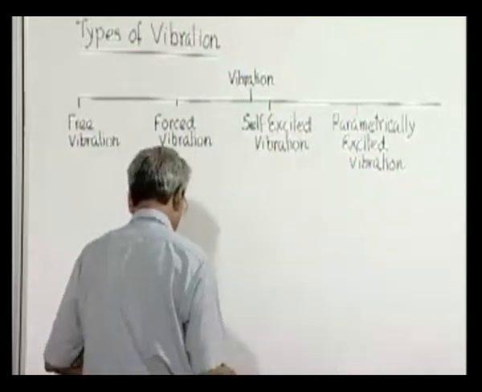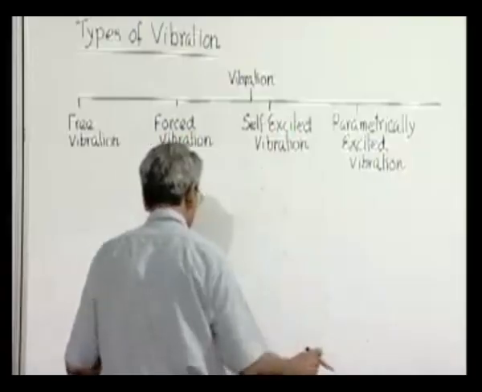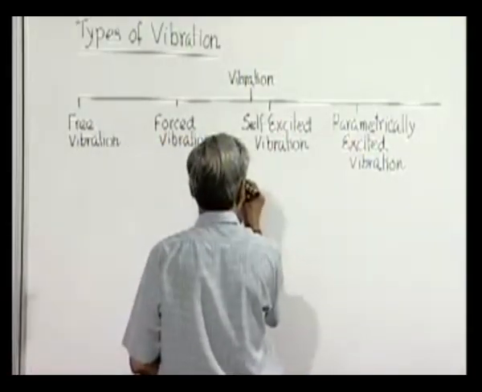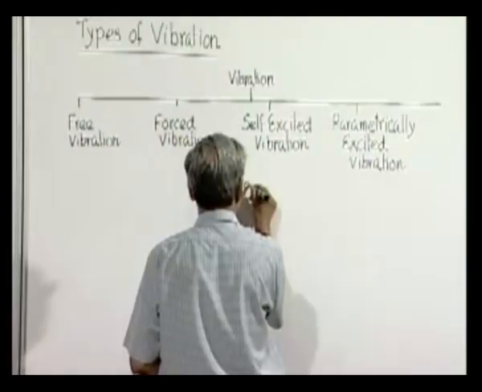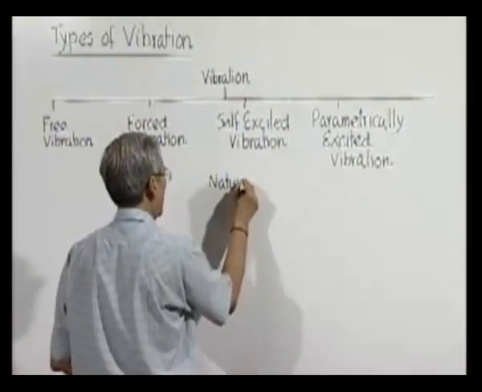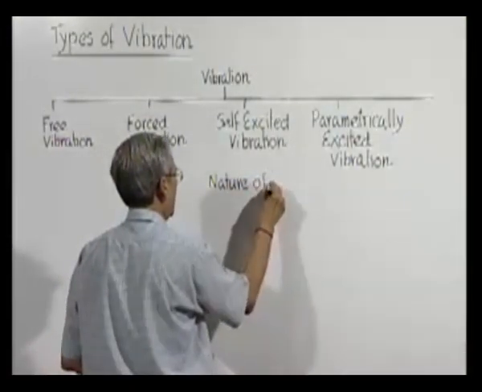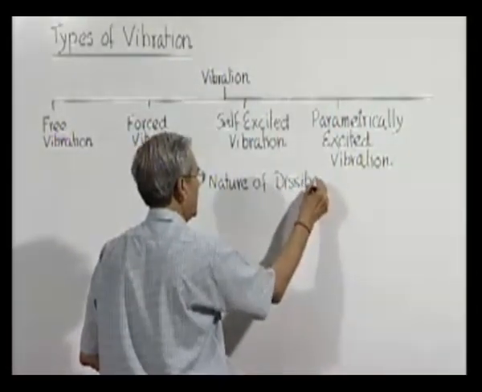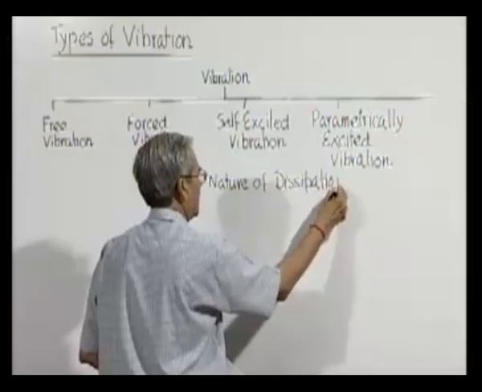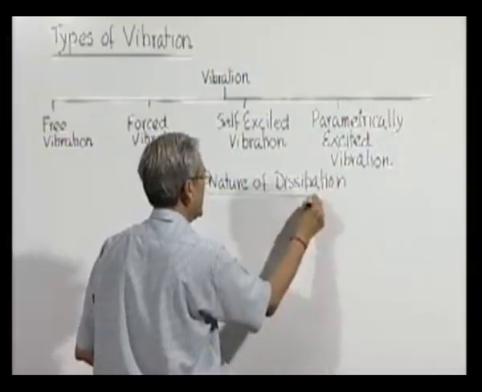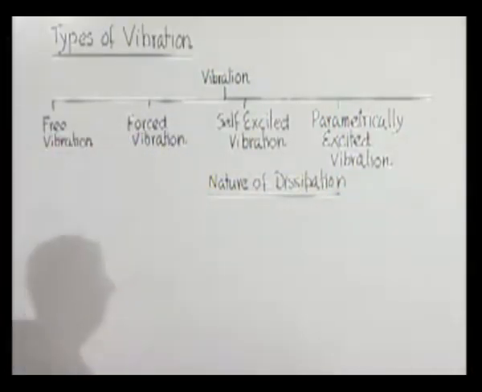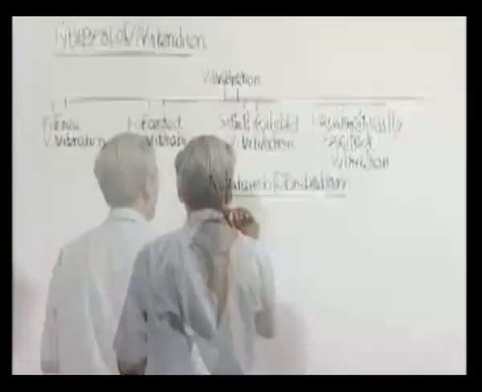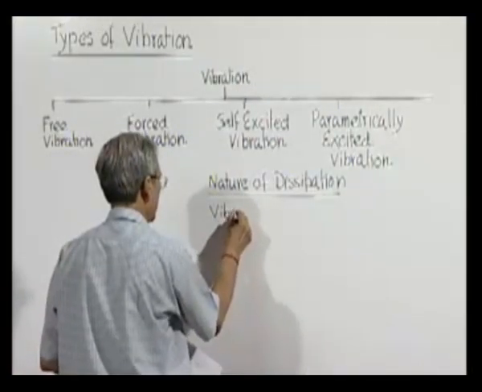Next type of classification will be based on the nature of dissipation. That means what about the energy, whether it is an energy conservative system or not.